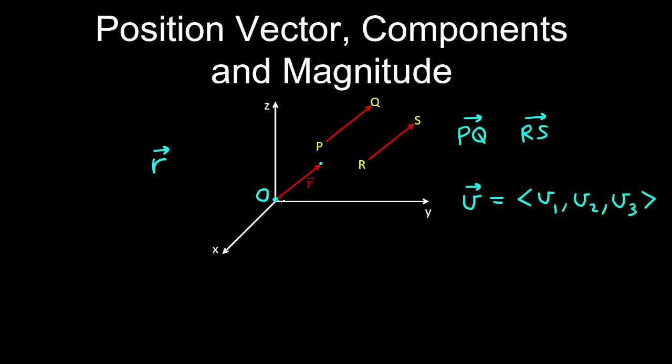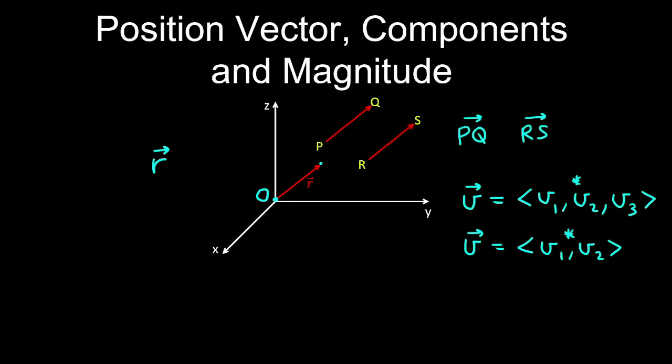And if the vector is specified in a 2D plane, then it'll have two components, being v1 and v2. So in this case, the vector is specified as an ordered triple, and the 2D case as an ordered pair.